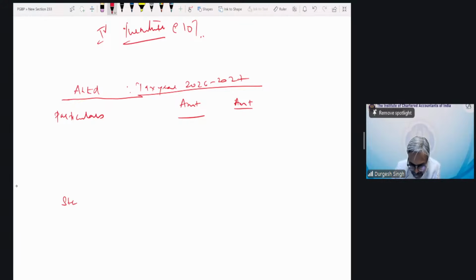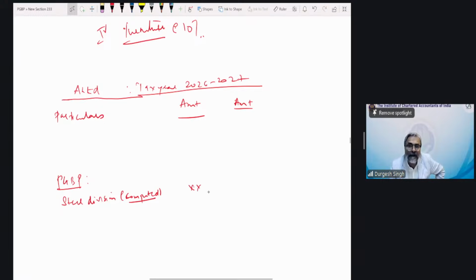In this case, PGBP. When you prepare PGBP for steel division, we compute separately, students, which means net profit of steel division, then all the add and less under the head PGBP, sections 26 to 60. All the add and less will take place in the steel division, and that is the computed PGBP. That is what you show.